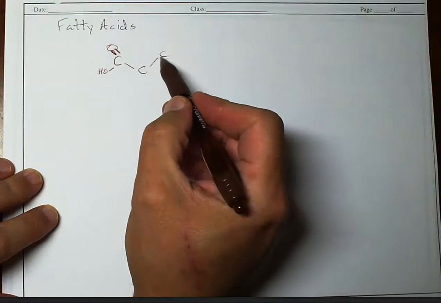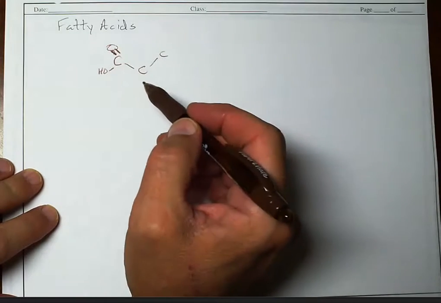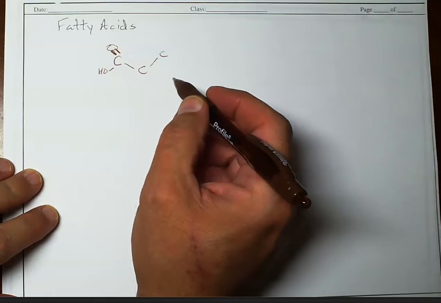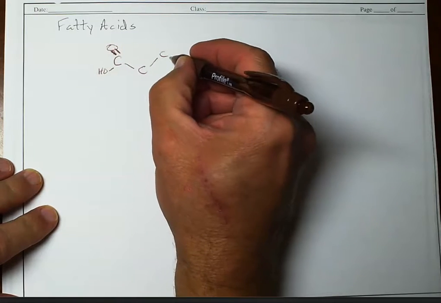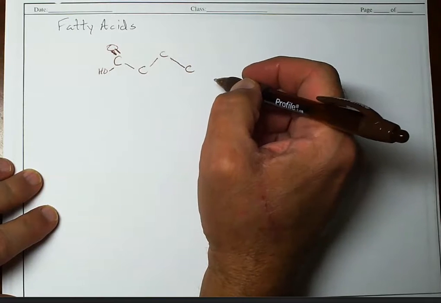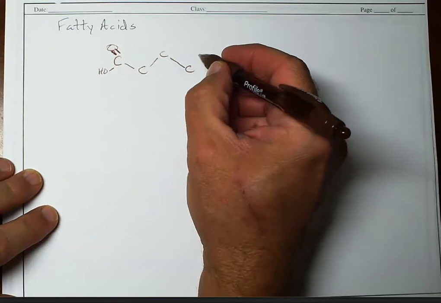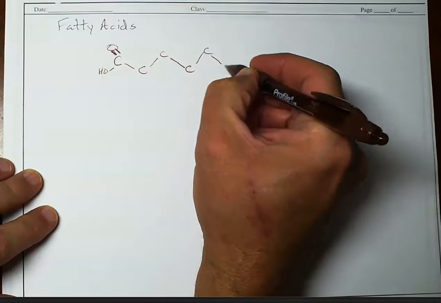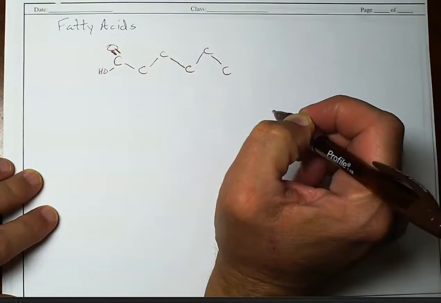As I mentioned earlier, the 3-carbon fatty acid is called propionic acid. It can also be called propanoic acid. The 4-carbon fatty acid is butyric acid or butanoic acid. Beyond that, they pretty much are restricted to even numbers of carbons.